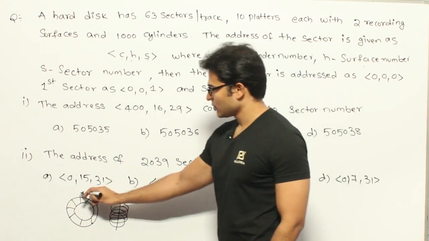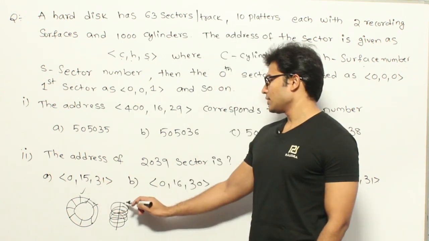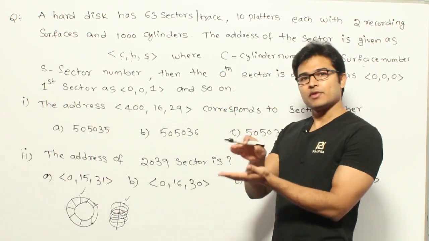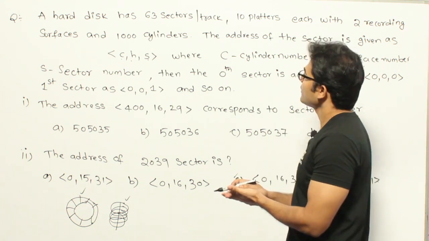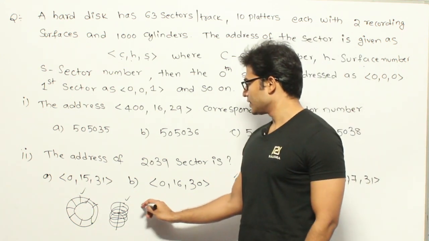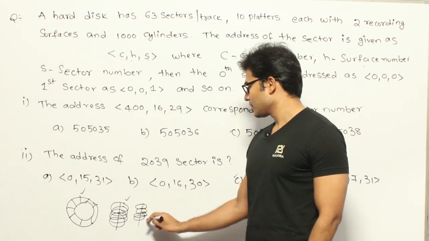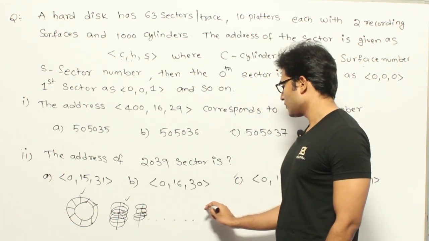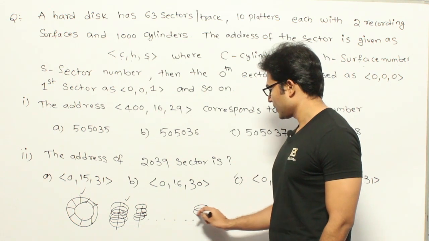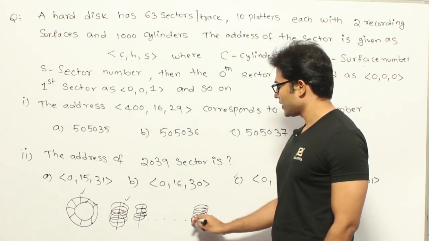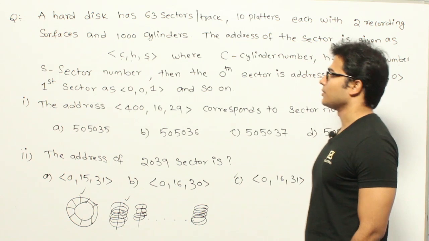So this is a disk or a platter, and now 10 such disks are kept one upon the other and they are making a cylinder, and then there are 1000 such cylinders. So 0, 1, 2, 3, and so on, 1000 such cylinders. And now in order to identify a sector, they are using 3 numbers.